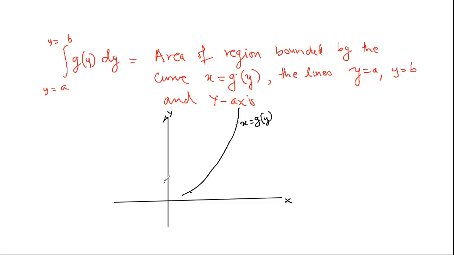Then here is the y coordinate A, here is the y coordinate B. That means this is 0 comma A, this is 0 comma B, which means this point's y coordinate is A and that one's is B. X is g of A and g of B. I'm not writing that.